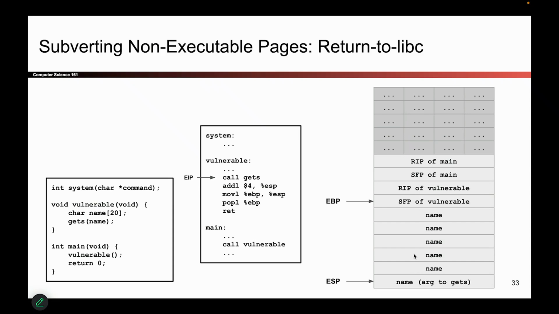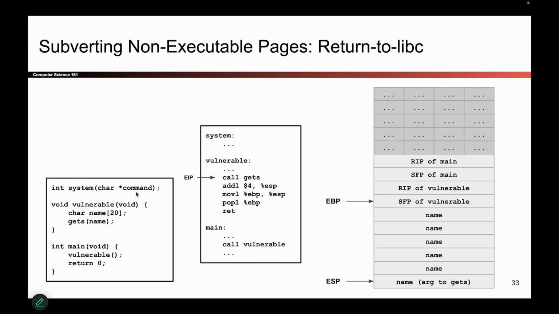All of this stuff on the stack is non-executable. If you write shellcode here and try to execute it, the program will not let you do that. The operating system will stop you. But we have this nice system function sitting here. So instead of jumping to shellcode, what if we jumped to system? And when we jump to system, why don't we pass in an argument that causes bad things to happen?